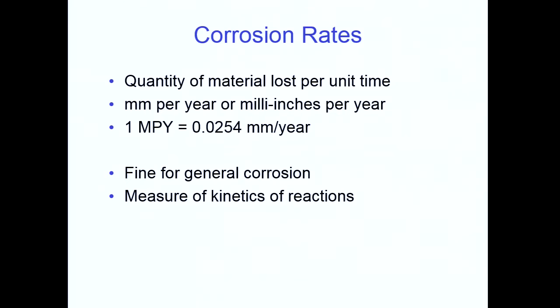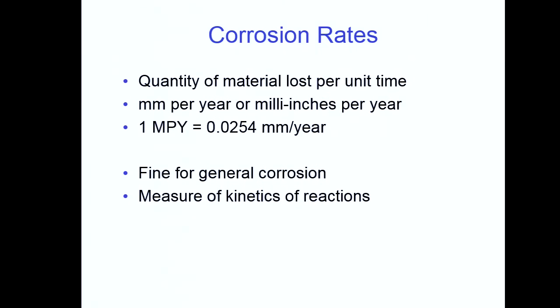And looking at through section thickness loss is fine for general corrosion situations, and that's indeed what's done for insurance purposes. The trouble is, once you start getting localized corrosion, you might have a structure that looks pretty good, but in fact has got a hairline crack in it, or a big pit in it somewhere.